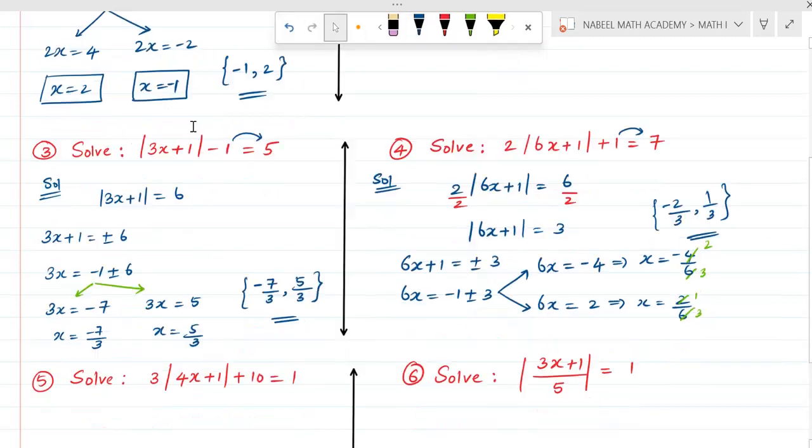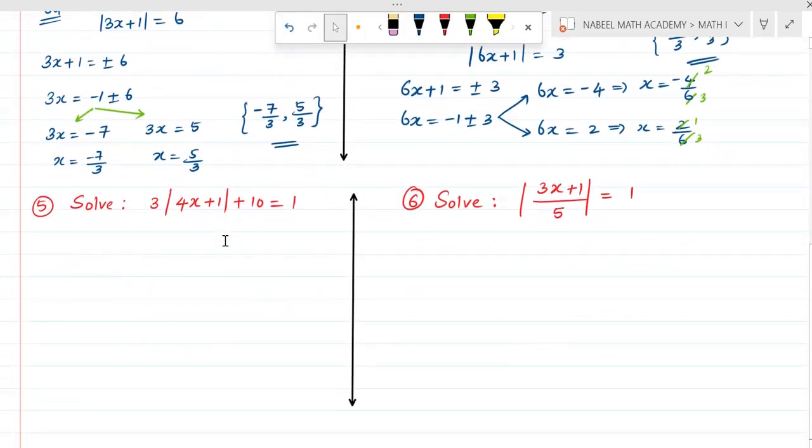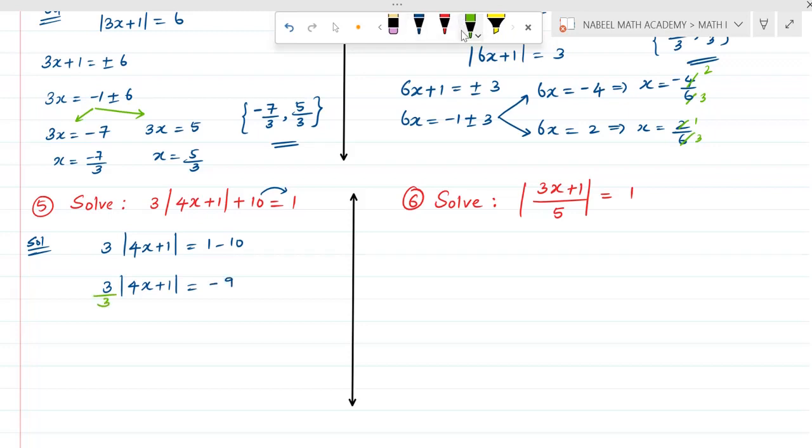Now the next question, we have the absolute value 3x. The same simplification we will do here. First I have to move the 10 to that side. It becomes 3|4x + 1| = 1 - 10, so you will get 3|4x + 1| = -9. If I divide by 3, the 3 gets cancelled.